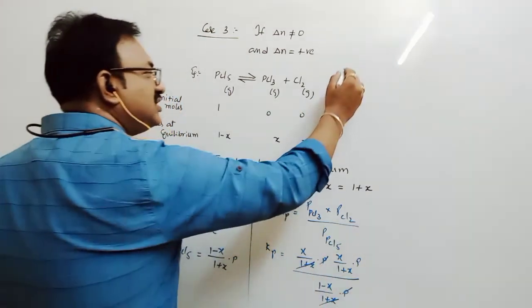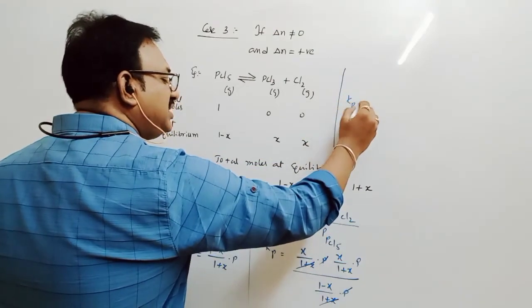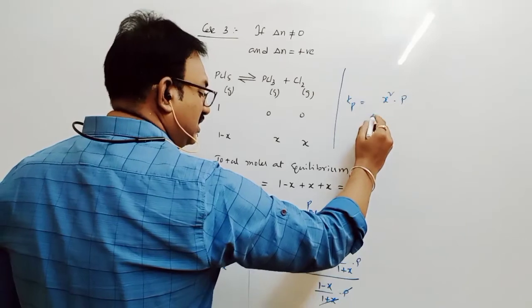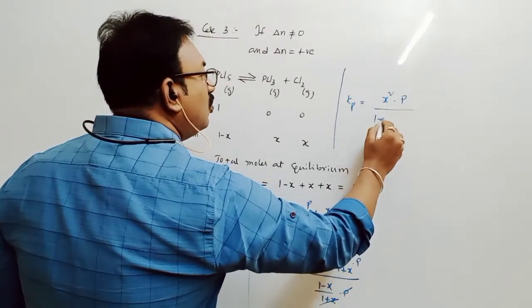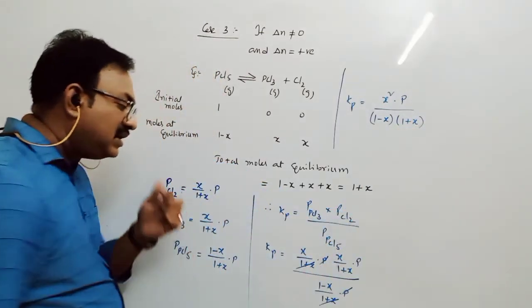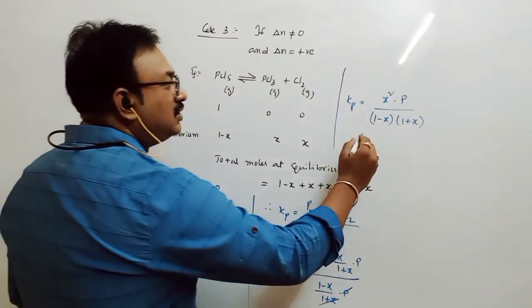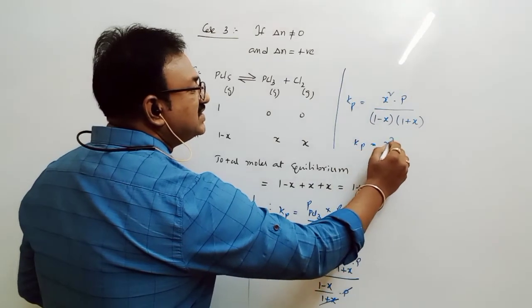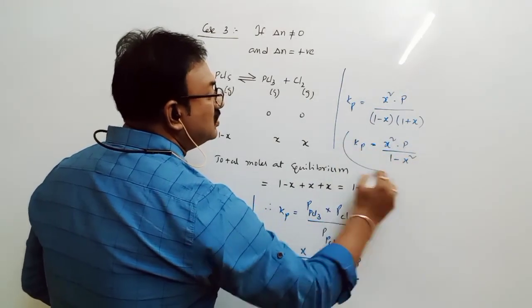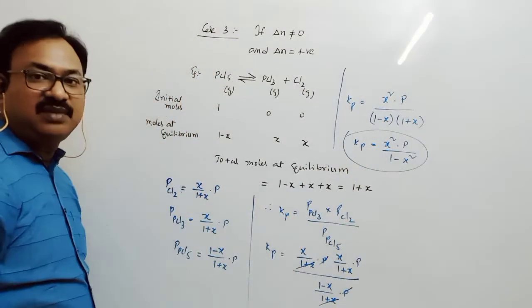So the final expression I am writing here. So Kp is equal to x square into P by 1 minus x square. So this is the final expression for Kp.